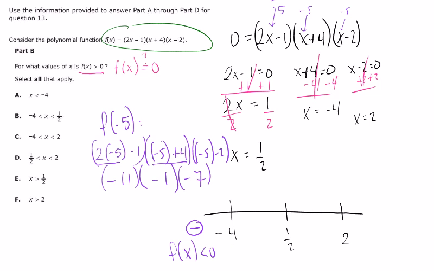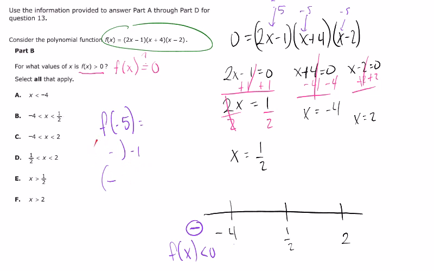Okay, so now let's do the same thing, but this time we're going to plug in something that is between negative 4 and 1/2. So 0 is in between negative 4 and 1/2, so that's an easy thing to plug in. So I'm going to put 0 in here. And we already know that f of 0 is 8, right?